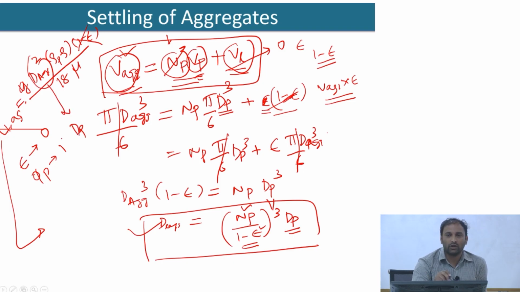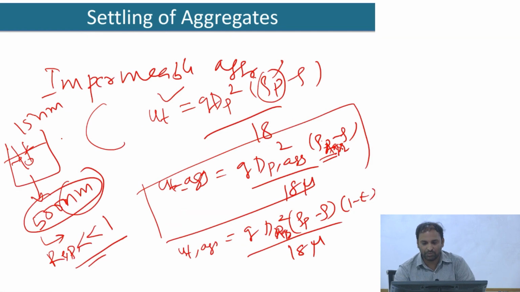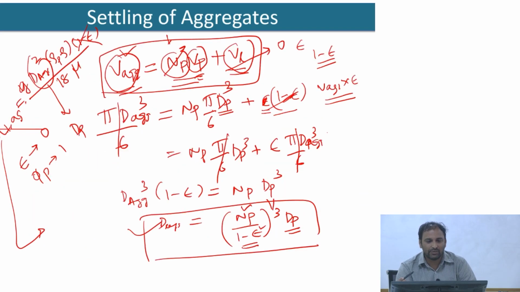So, essentially, whatever formalism that we wrote up here, extending what we had for single particles to aggregates, it does make sense, because I am able to recover that limiting case of single particle settling. Now, what I can do is substitute for d aggregate in terms of this quantity into the settling velocity expression.